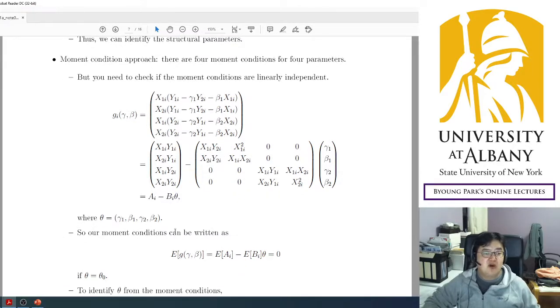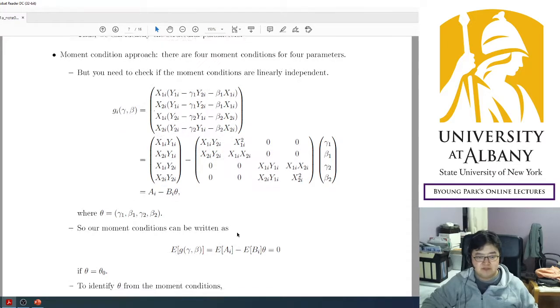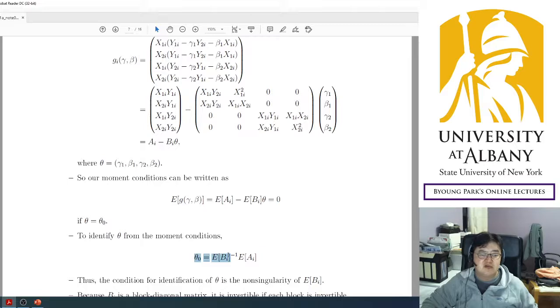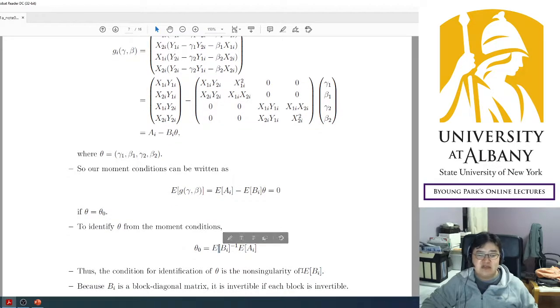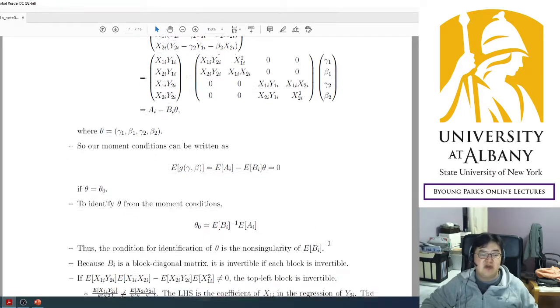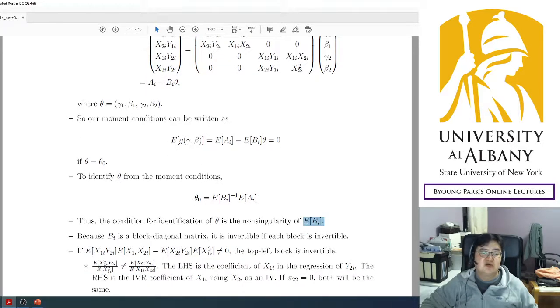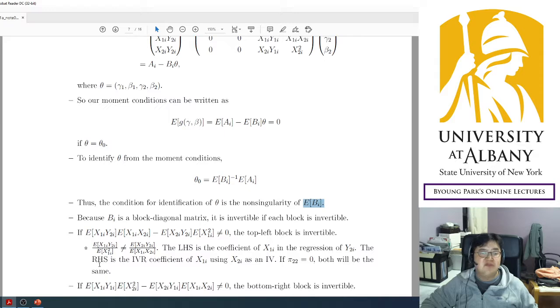So the moment condition is the expected value of a minus the expected value of b times theta equals 0. And then it is simple to show that theta 0 equals the inverse of the expected value of b times the expected value of a. So as long as this is invertible, then theta is identified. Then just find the conditions for this to be invertible. This is the answer. So it's a mathematical derivation.